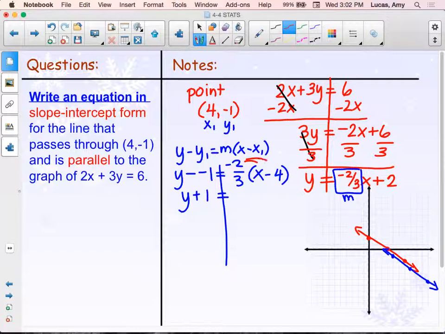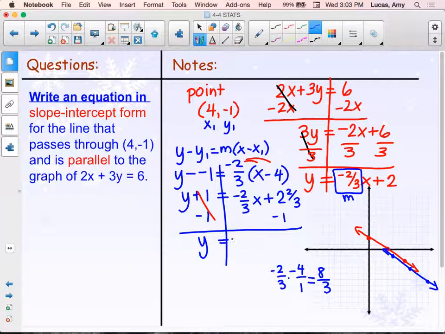And then I need to distribute my slope. So -2/3 x and -2/3 times -4, I can put a 1 under it, would be 8/3 or 2 2/3. Okay, now I subtract 1 on both sides.